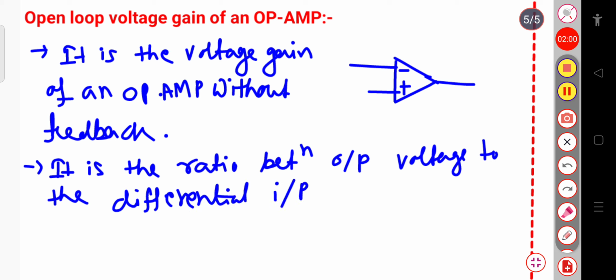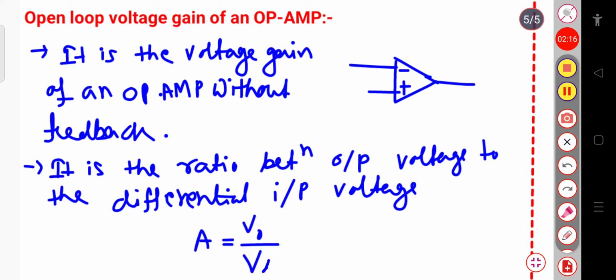So simply, if I write the voltage gain as A, this is basically the open loop voltage gain, and we can write it as A0 or simply A. This is equal to VO, that is the output voltage, divided by VD, that is the differential voltage.